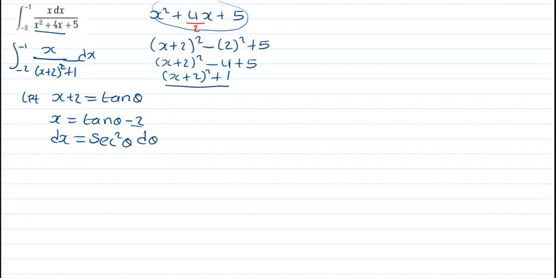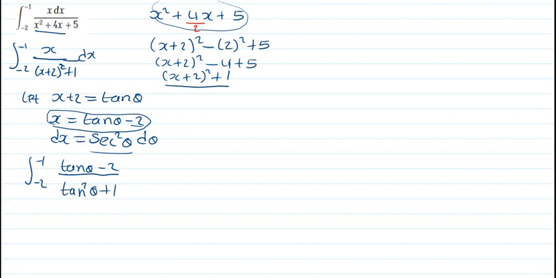Replacing in our equation, we are going to have the integral from -2 to -1 of, where there's x, we put this expression, tan theta minus 2, then everything over, where there is x plus 2, I'm going to put tan, so it will be tan squared theta plus 1. Where there is dx, I'm going to put sec squared, so it's going to be multiplied by sec squared theta d theta.